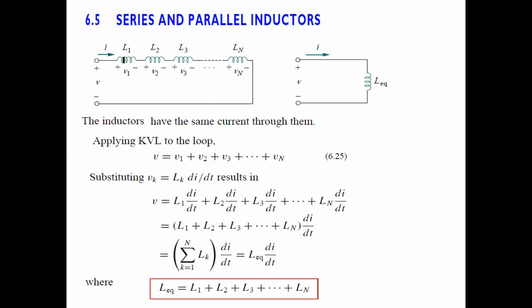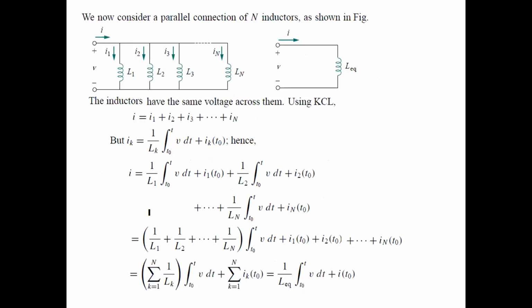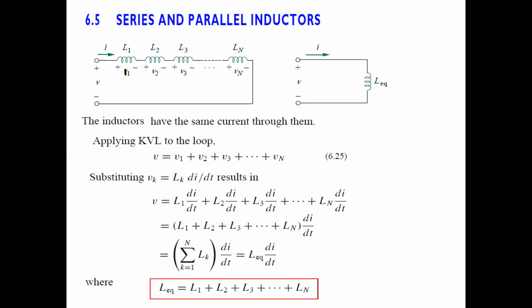So if L1, L2, L3 up to Ln inductors are connected in series, then the equivalent inductance will be simply the sum of their individual values. The voltage across each inductor will be added to find the total voltage, and it can be shown by KVL.